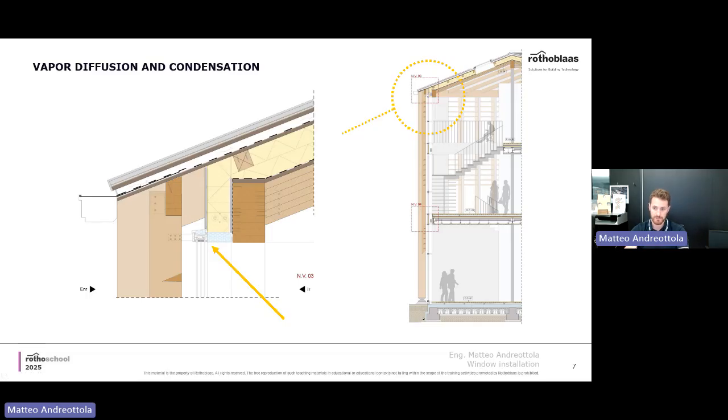Because we said it before, we have two variables. The first variable being the temperature. So if you're lowering the temperature, the condensation risk goes high.